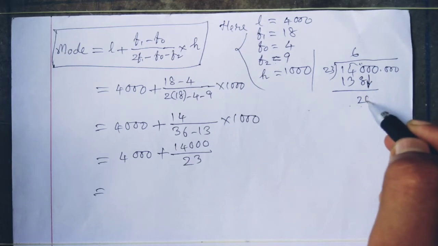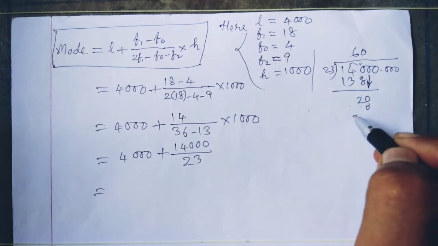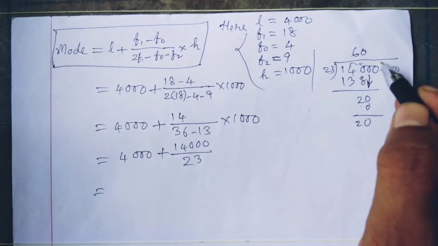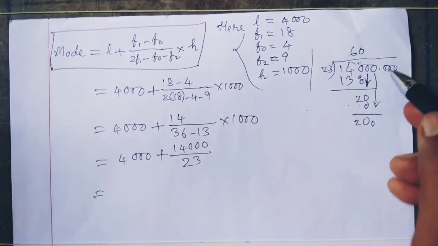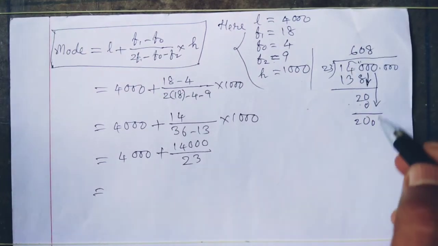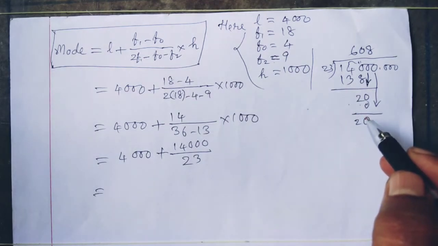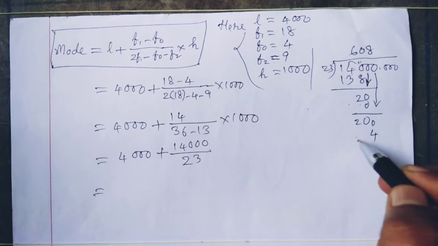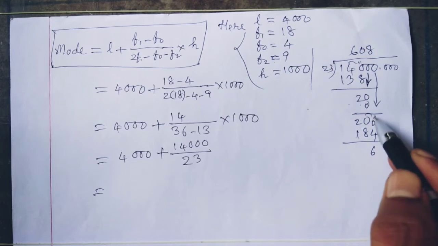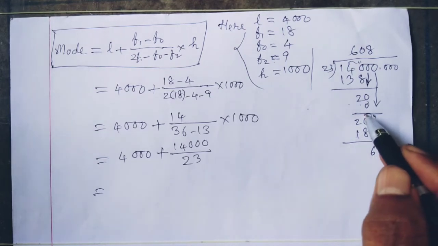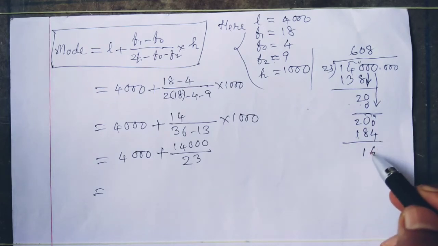So we have to bring down 0. 23 zeros are 0. 20, bring down 0, 200. 23 eights, 8 threes are 24, 8 twos are 16, 18. 200 minus 184 is 16.